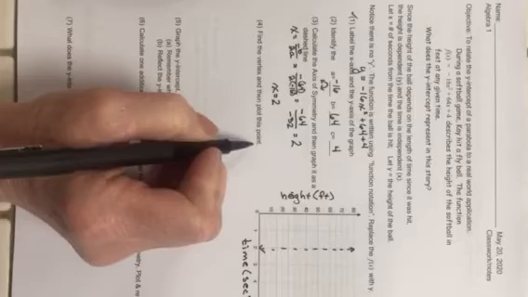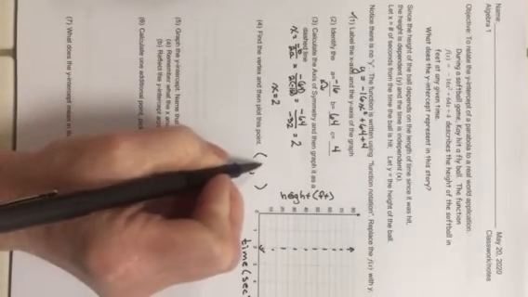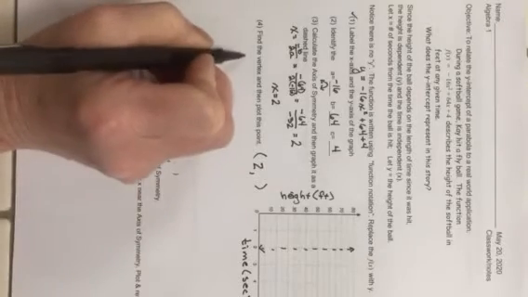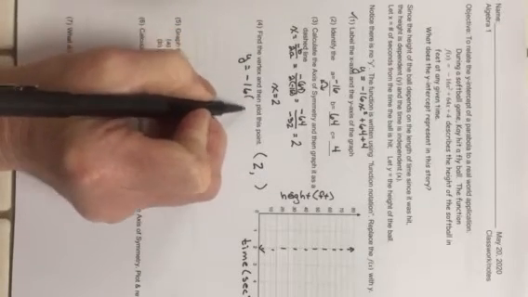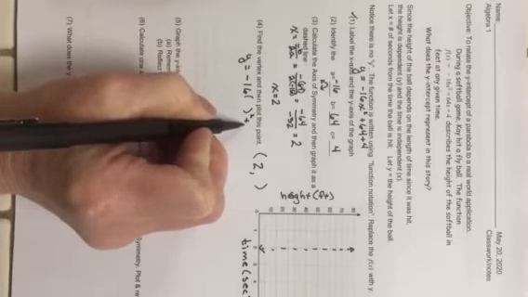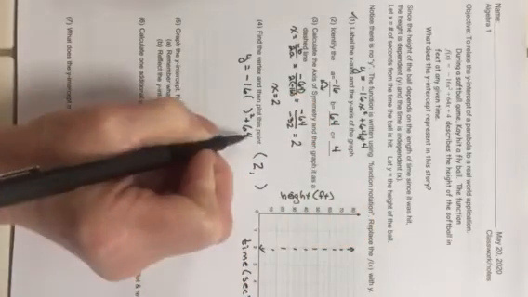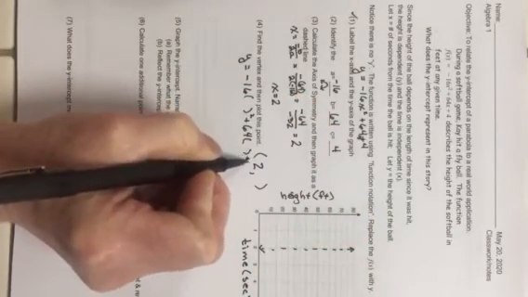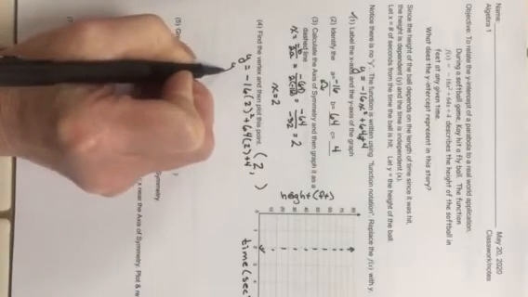Now I'm going to find the vertex. The vertex is a point. Its x value comes from the axis of symmetry. Done. I need to find the y, or the output, so I'm going to copy my function and replace the x with the x value. I just realized here I didn't write my x. Put the 2 in for the x. Follow order of operations.